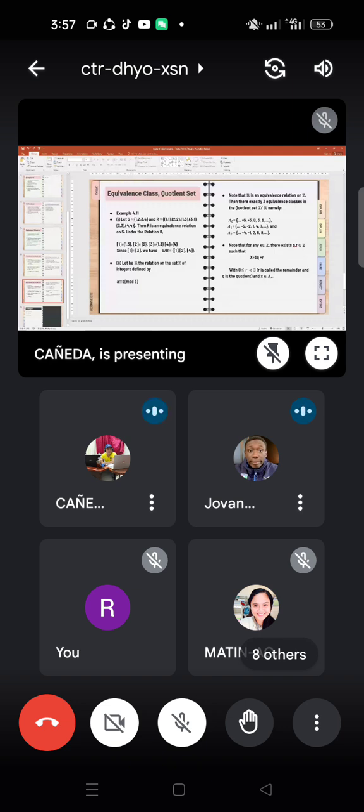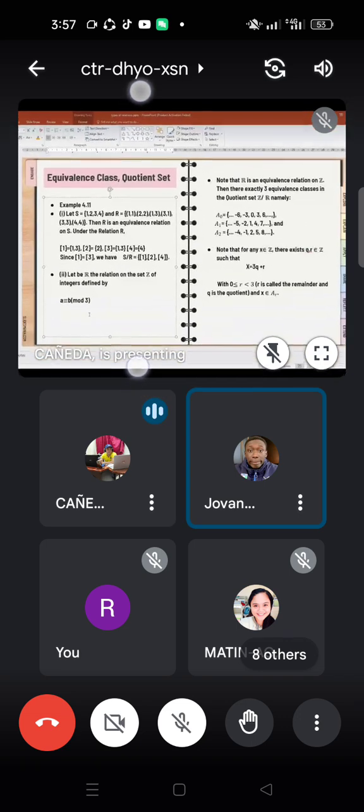Let S be the set of 1, 2, 3, 4. Okay, 2 and 4. We will call it bracket A, where A is an element of S. So note that R is the equivalence relation.